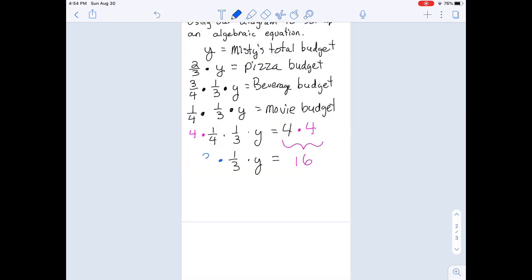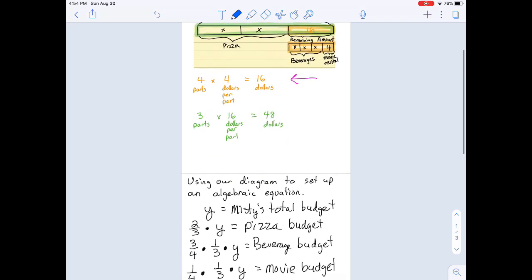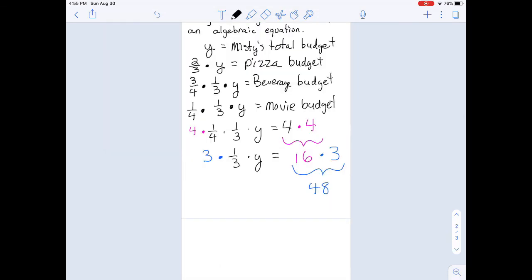Next, I'm going to multiply both sides of the equation times 3. Notice that the 16 times 3 matches up here. And I get the budget is $48.